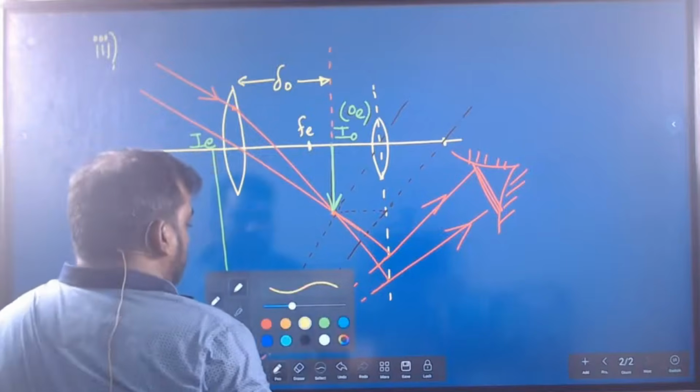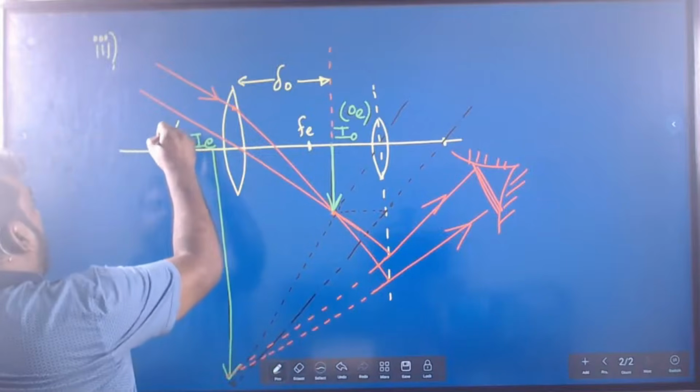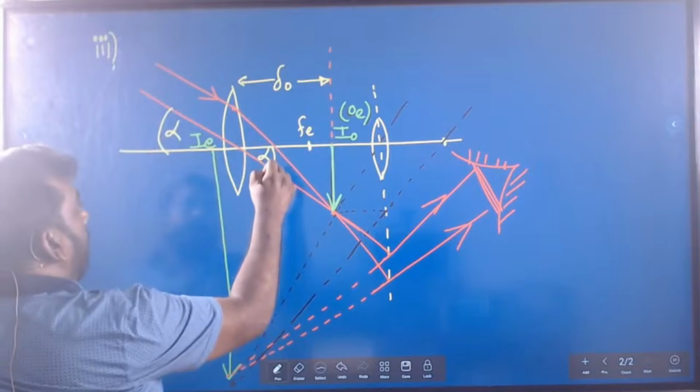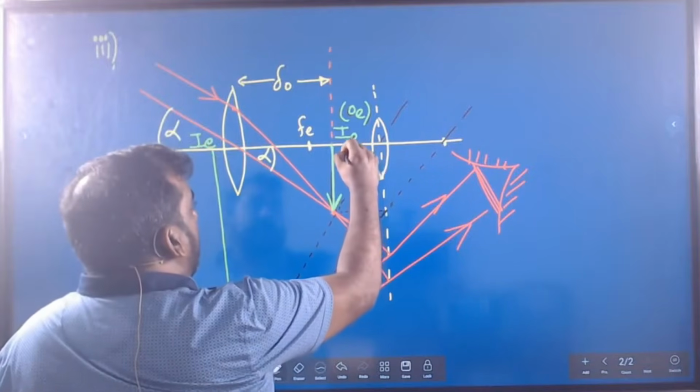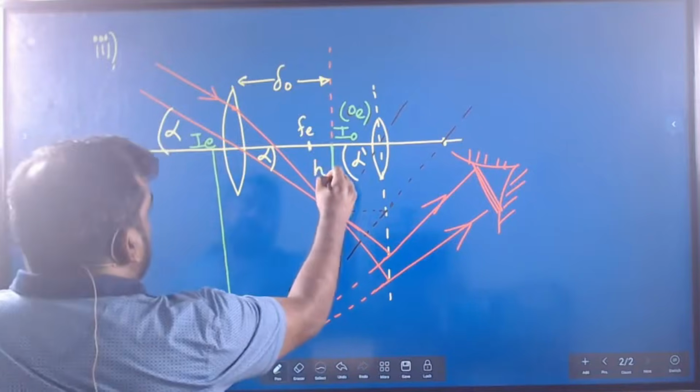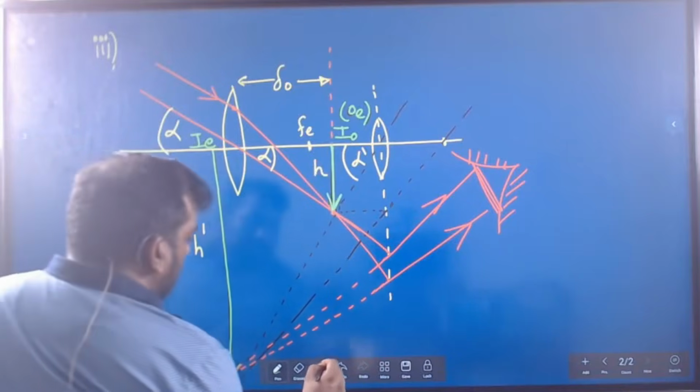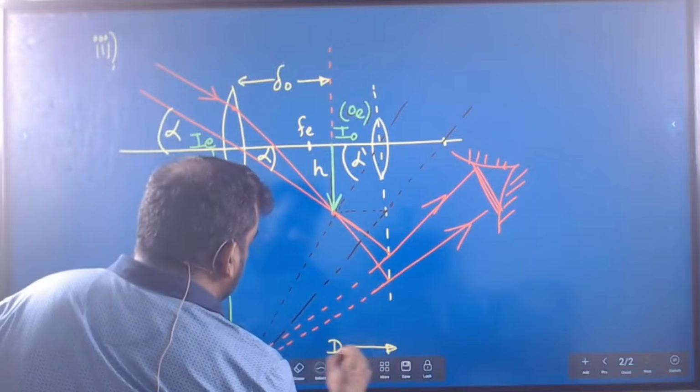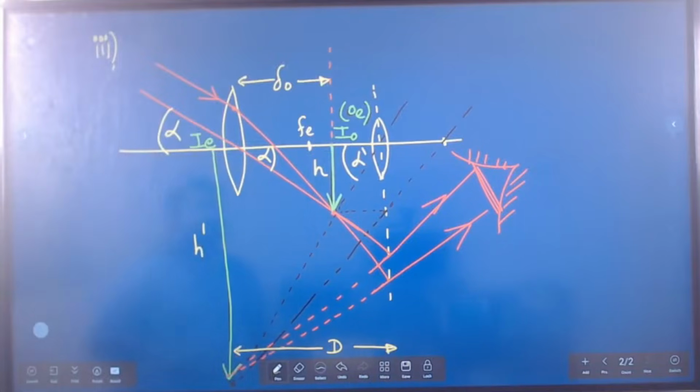Right. You must prove this. Angle alpha here is the angle subtended by the image on the eye. Here h, here h dash. This distance is the least distance of distinct vision D.